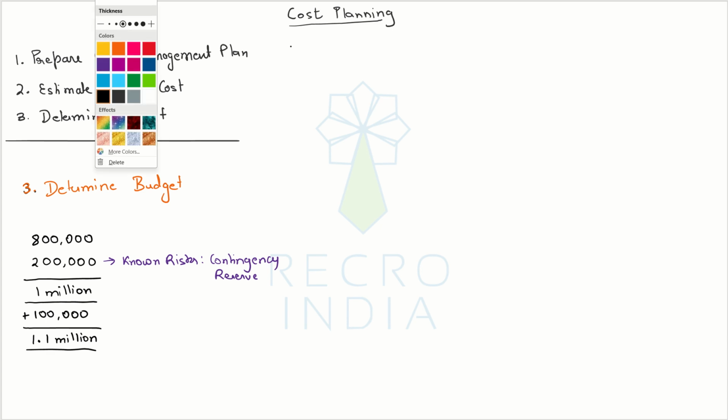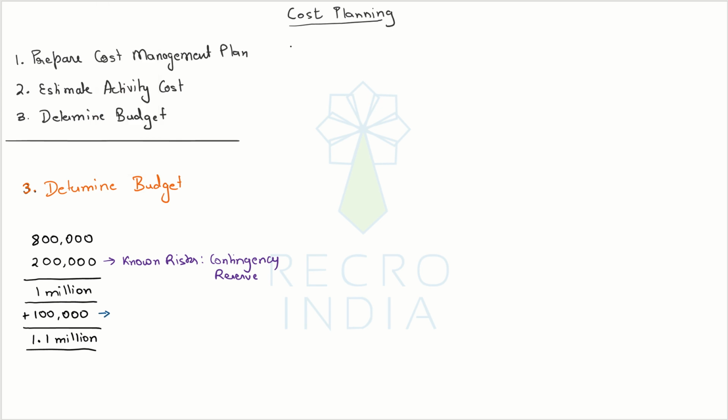However, let's quickly understand that this amount, which is $100,000 kept for unknown risks, is known as management reserve, and usually project managers don't even know how much this is, and they don't have the authority to utilize this on their own.